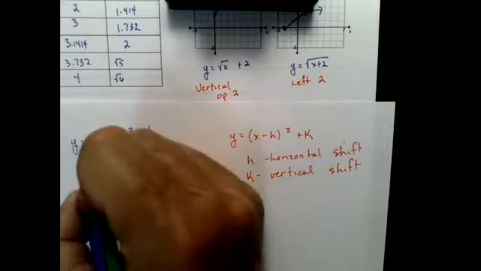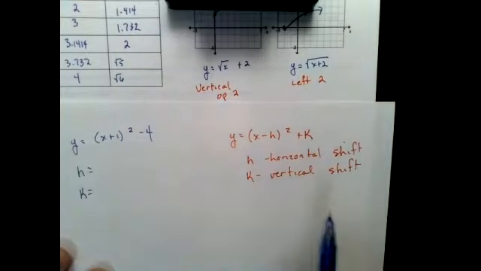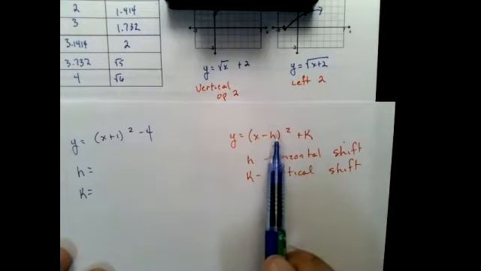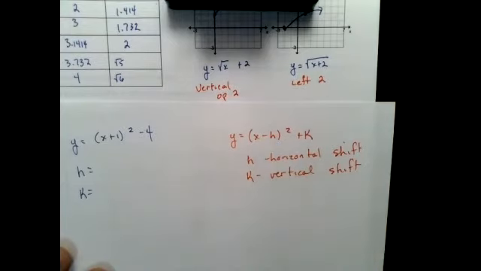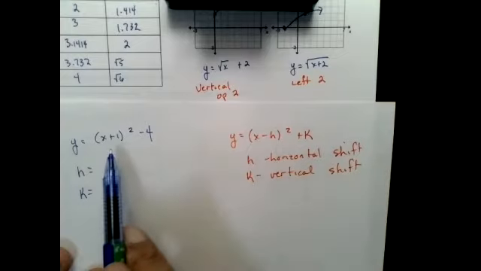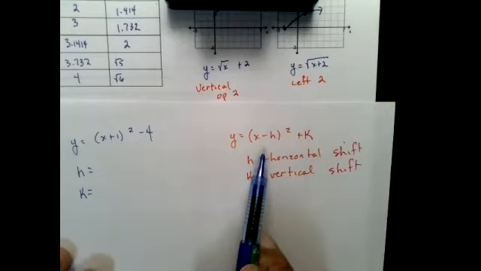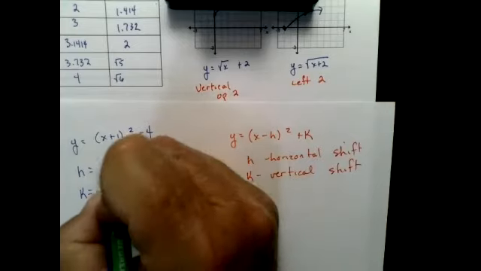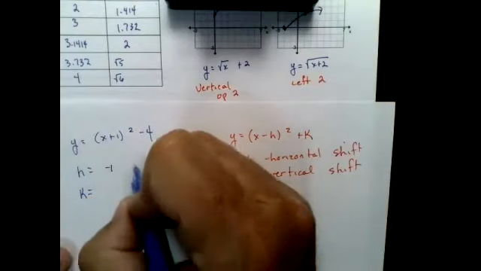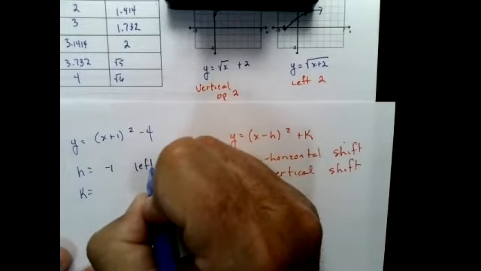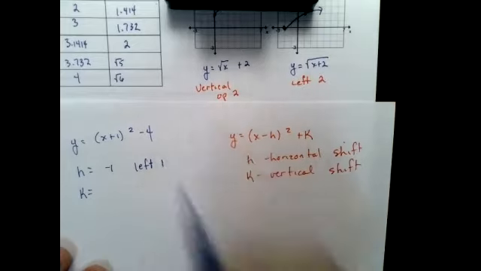So first, what does h equal? Well, I have my standard form over here. h equals 1. Be real careful. Minus 1. Yeah, negative 1. h is going to equal -1, and that was my horizontal shift. So I know my graph is going to go left 1.